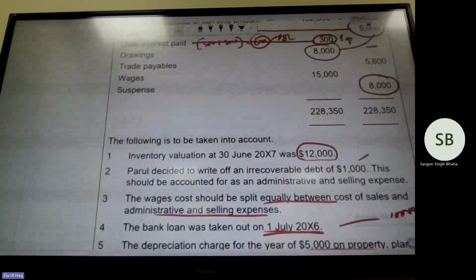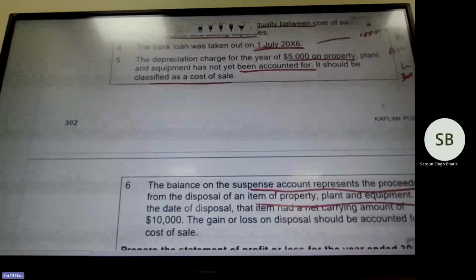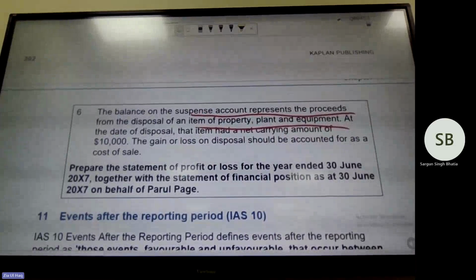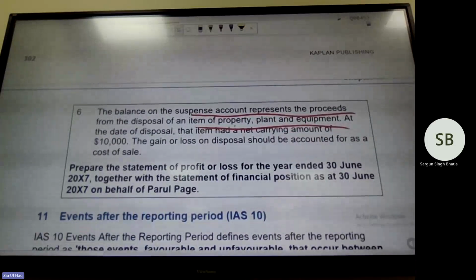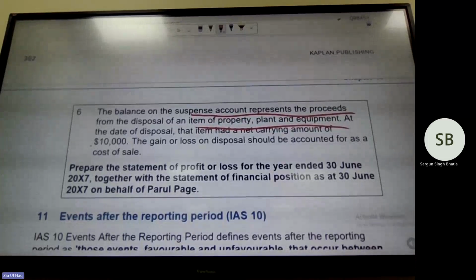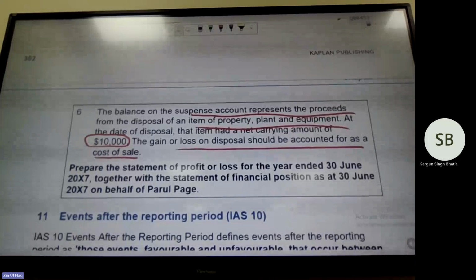And then, for this suspense account of 8,000, there is an adjustment. The balance on the suspense account represents the proceeds from the disposal of an item of property, plant and equipment. At the date of disposal, the item had a net carrying value of 10,000. The gain or loss on disposal should be accounted for as cost of sale.